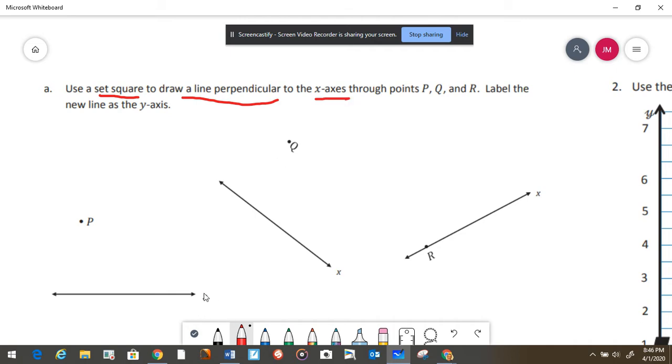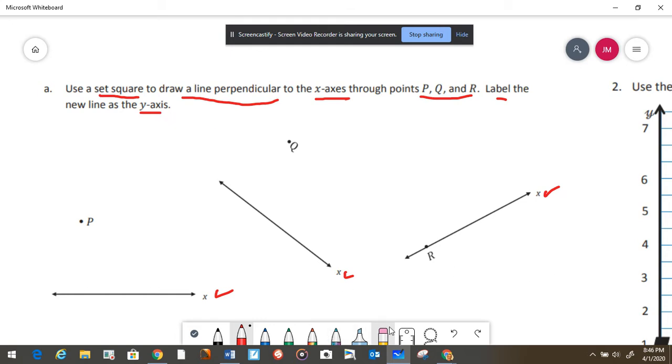So let's identify the x-axis. Through the points P, Q, R, we're going to draw a perpendicular line that goes through the x-axis, and we're going to label the new line as the y-axis.